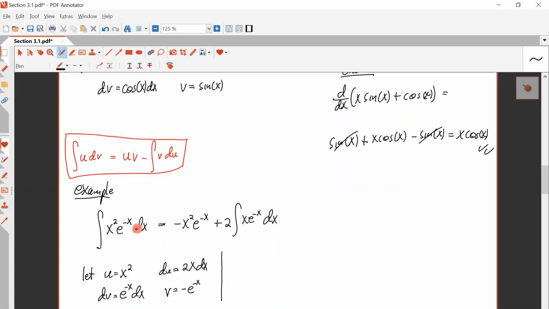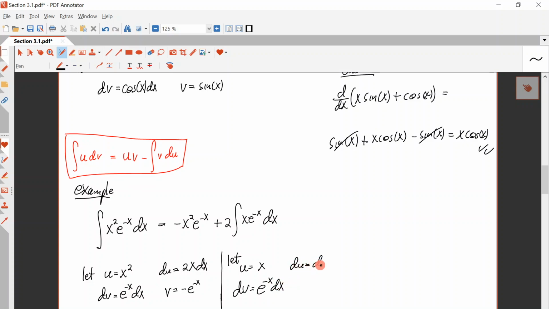Now, this is almost like what we started with: antiderivative x e to the minus x, antiderivative x squared e to the minus x. So I'm going to apply that integration by parts formula again. A second time, letting u be the polynomial x, and dv be e to the minus x dx.